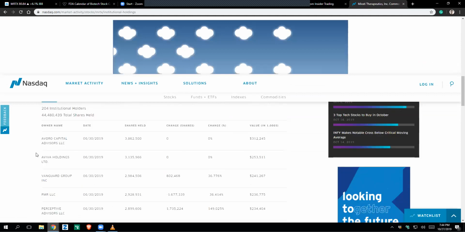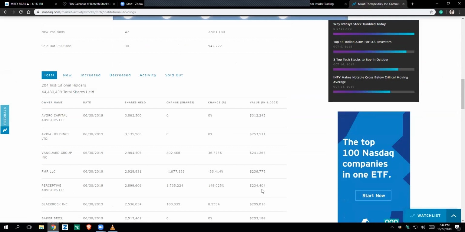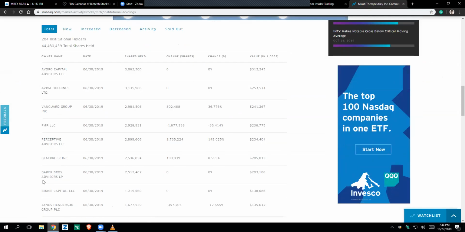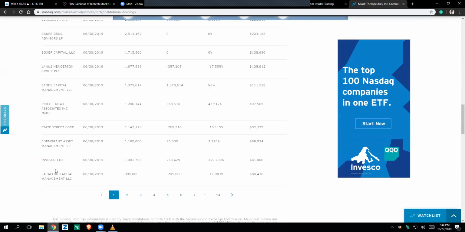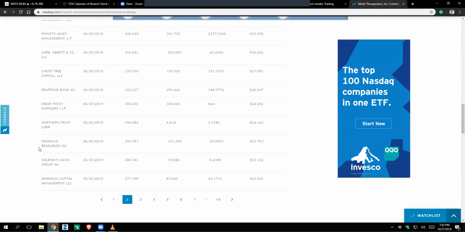So institutional investors in Mirati Therapeutics, let's look at some: Perceptive, big position, 234 million. Baker Brothers, 203 million. Cormorant is another good one, 88 million.